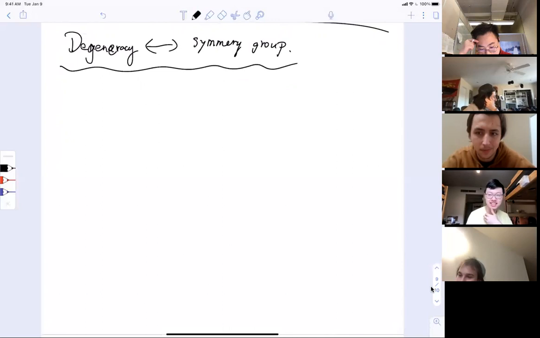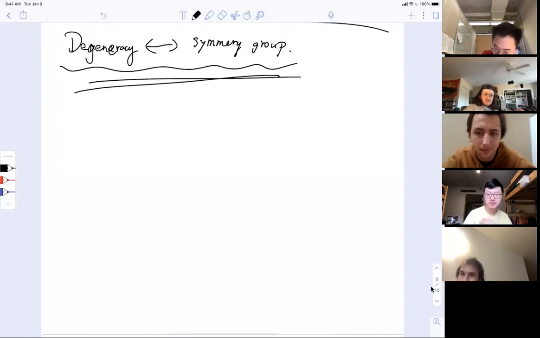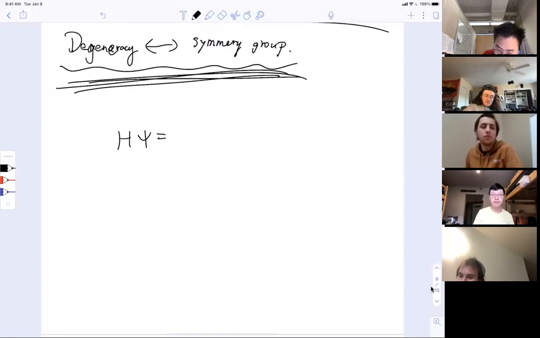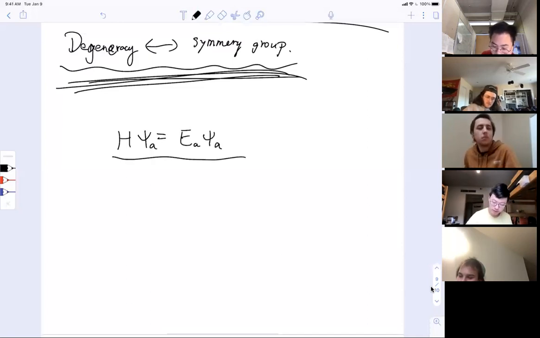Okay, so let's look at this. The most common question you have in quantum mechanics is to solve the stationary Schrodinger equation, right? Solving this equation is equivalent to diagonalizing this Hamiltonian.